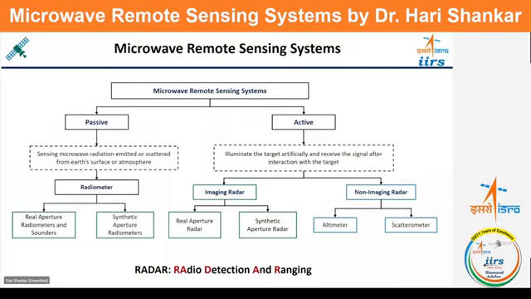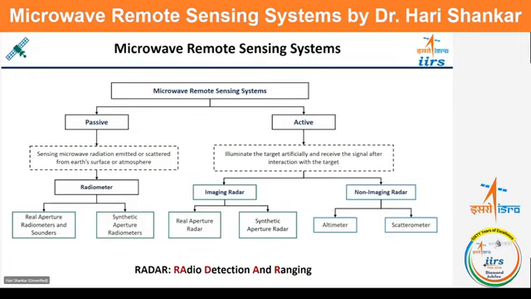Active sensors have their own source of energy, meaning they generate the microwave energy themselves, and that energy they transmit, and after interacting with the target, the radiation comes back, or the backscatter signal reaches the sensor again, and that signal they convert into images, and those images are the amplitude images and the phase images.